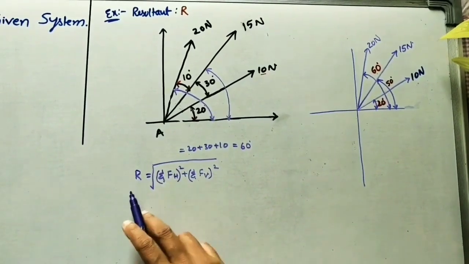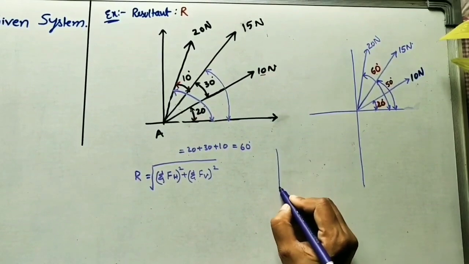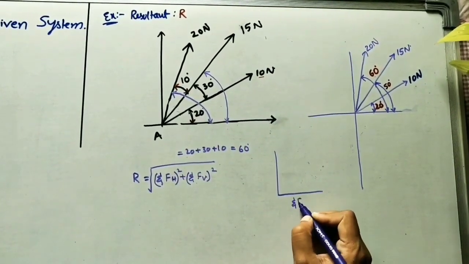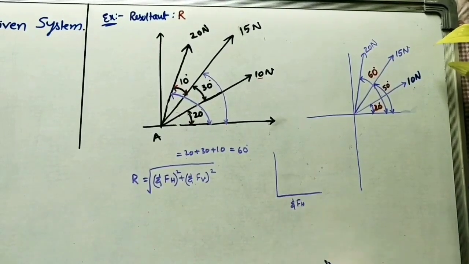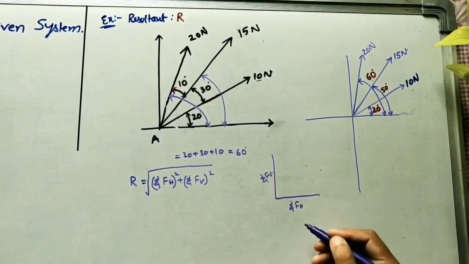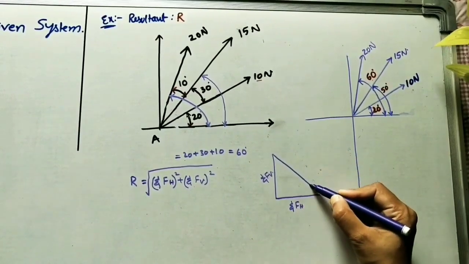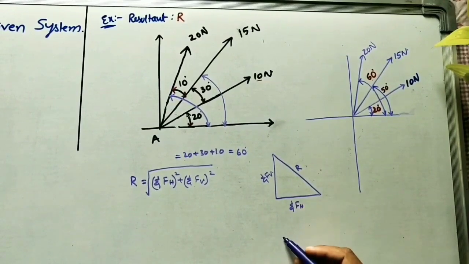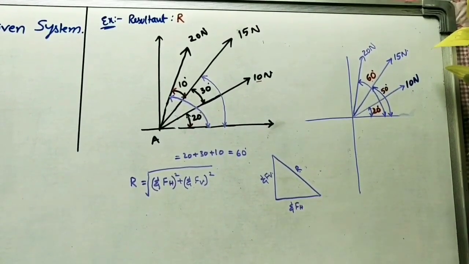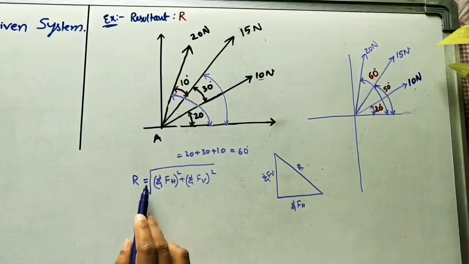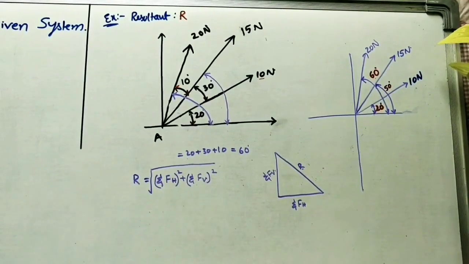According to the triangular law in the concurrent force system, one side of the triangle is the horizontal component, sigma FH, the other is the vertical component, sigma FV. The third side of the triangle will give the resultant. So in the right angle triangle, R square is equal to sigma FH square plus sigma FV square. R is equal to the root of these two values.